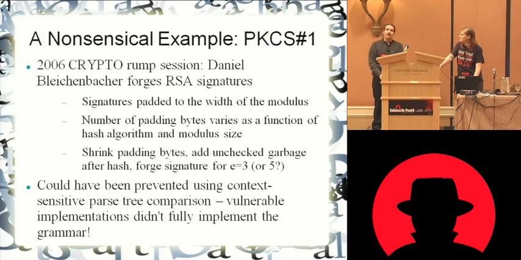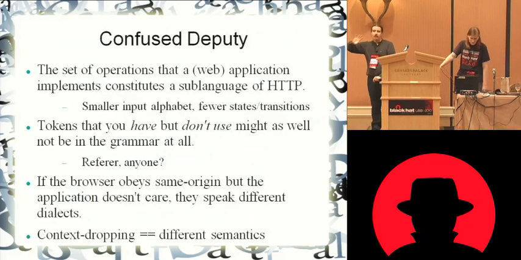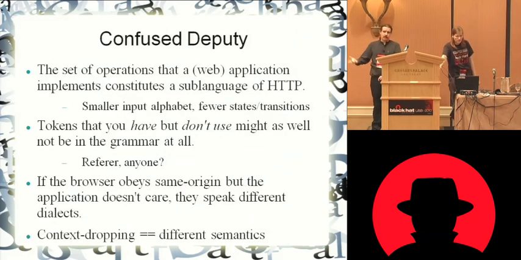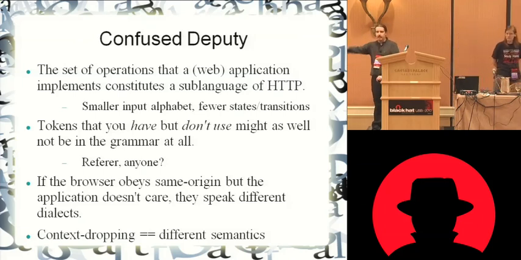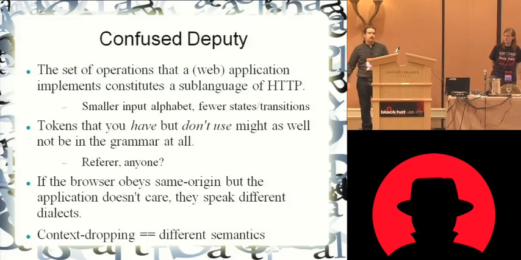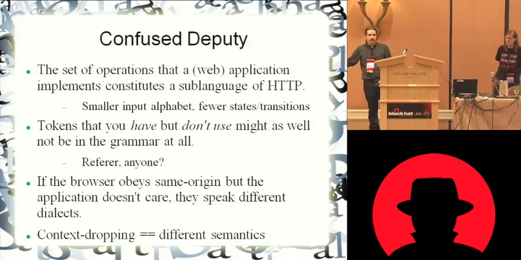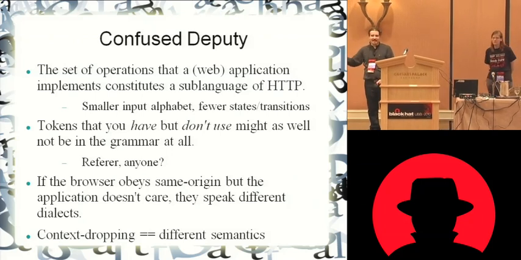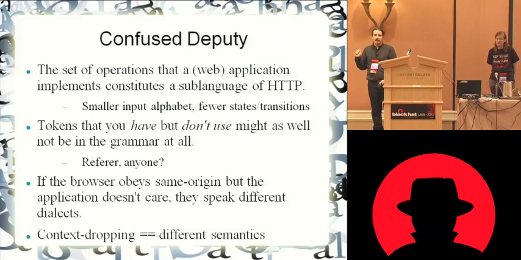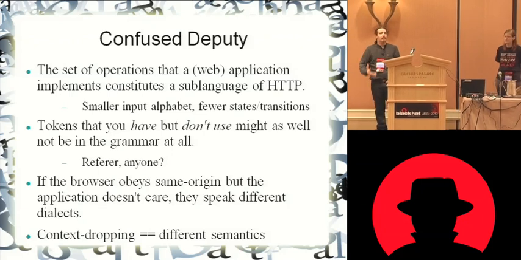Even though the padding parser in OpenSSL was broken, and also NSS, we were able to stop that code from getting to that point. So this approach, if it's actually implemented correctly, allows you to have broken, buggy, attackable code that can't be reached by the attacker by most traditional means.